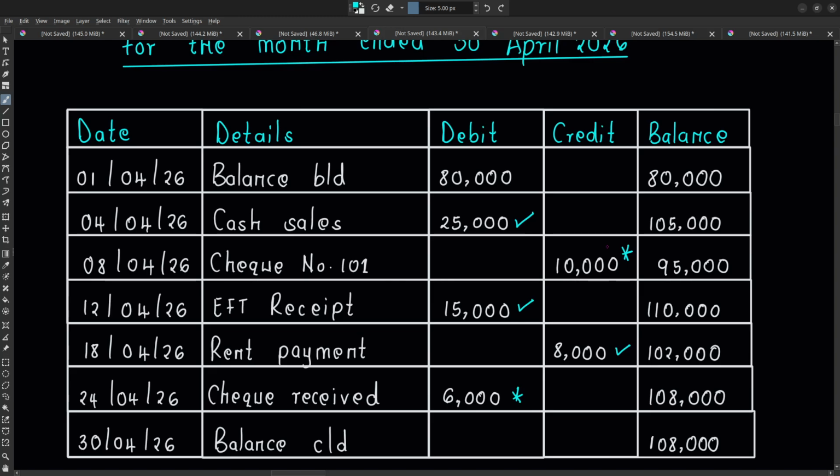Then we have this 6,000. We received this check on 24th of April 2026. Maybe we asked for this bank statement as at the 30th. That is when we pulled the statement, and they had not yet processed this check.